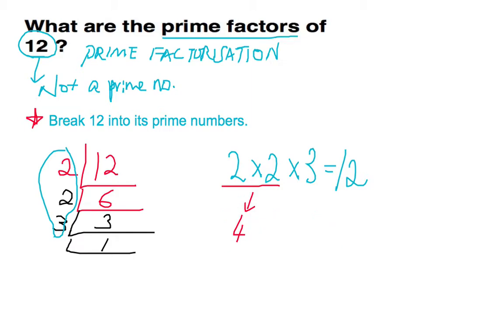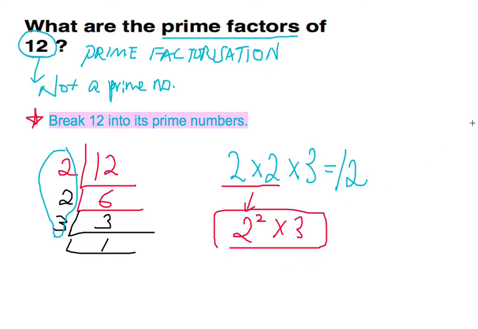Okay, we instead rewrite this 2 times 2 into 2 squared times 3. Okay, so this is the answer.